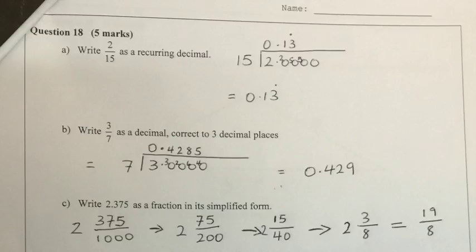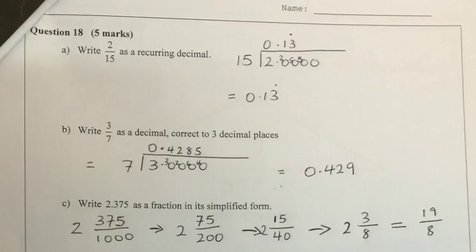So we do our division, we put 15 out the front, and we've got 2.000. Okay, so 15 doesn't go into 2 at all, so we put a 0 there and then put our decimal place. Okay, so it's now 20. Well, yes, 15 goes into 20 one time, leaving 5 left over, which leaves 50.